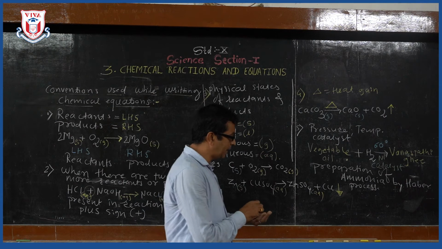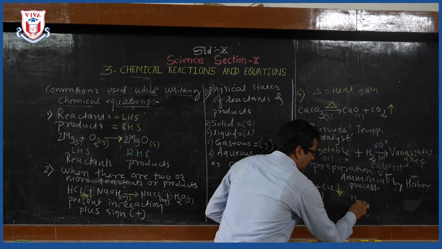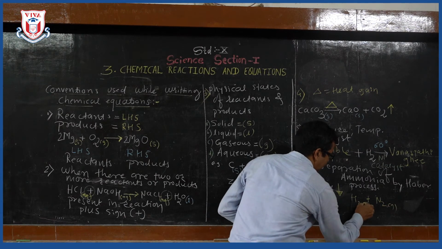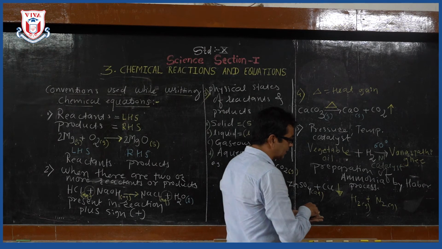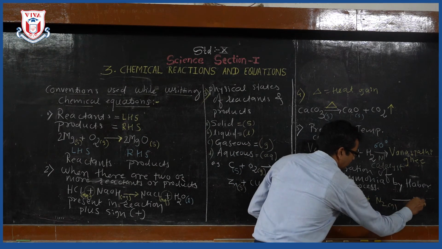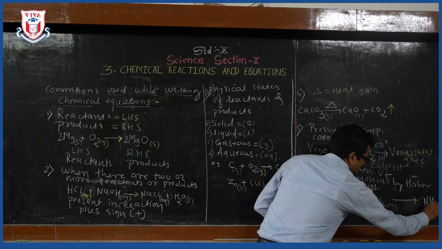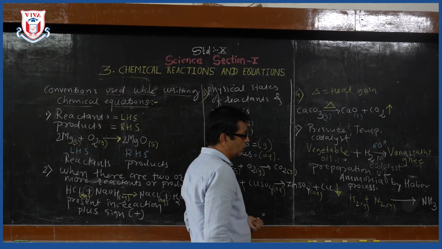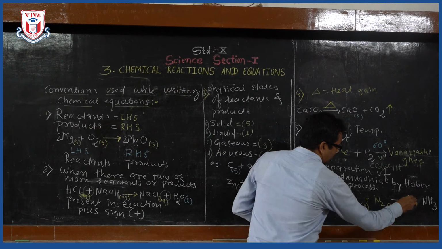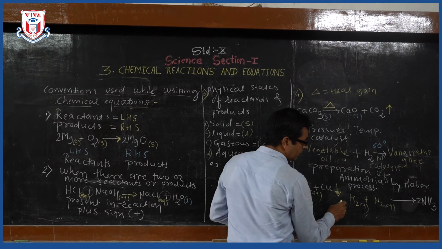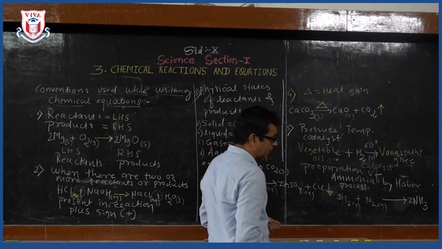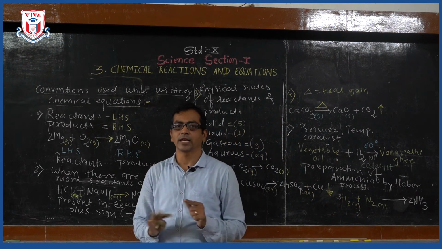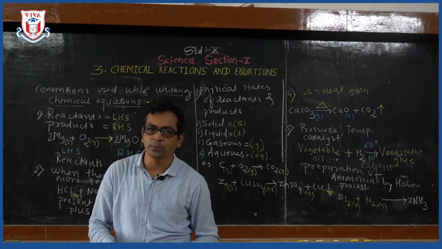So I can prepare ammonia when hydrogen gas reacts with nitrogen gas. I will get NH3. Okay, so I will multiply this by 2, hydrogen I will multiply by 3. So just hydrogen and nitrogen, if we mix them, the reaction will not take place. The reaction is not possible.